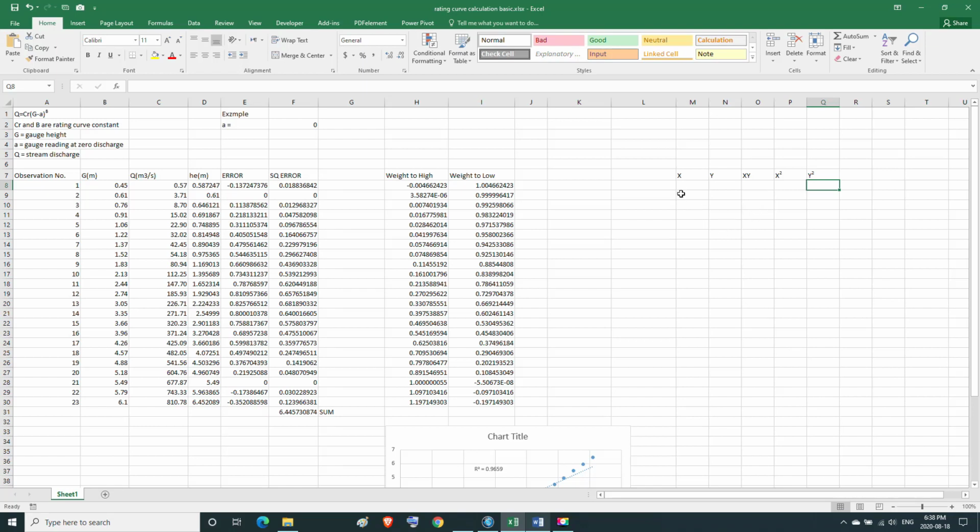Then we calculate the value of x by taking the logarithm of the initial prediction for the values of the gauge height as we see.